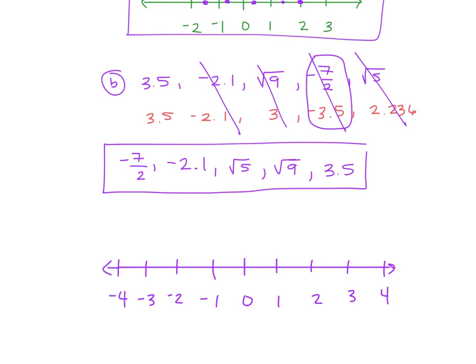Okay. Where are you going to put your answers? On top. So put the points on the number line, put the numbers above it, okay? So negative 7/2 was negative 3.5. So that's going to go here. But we're calling it negative 7/2 because that's what they gave it to us as.